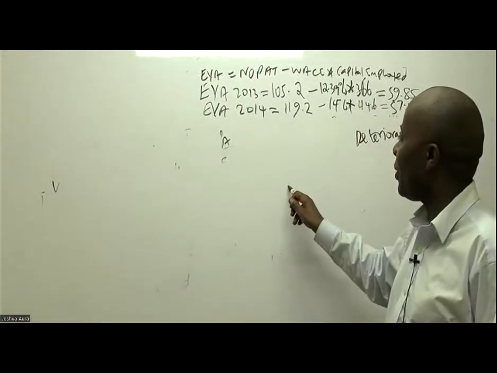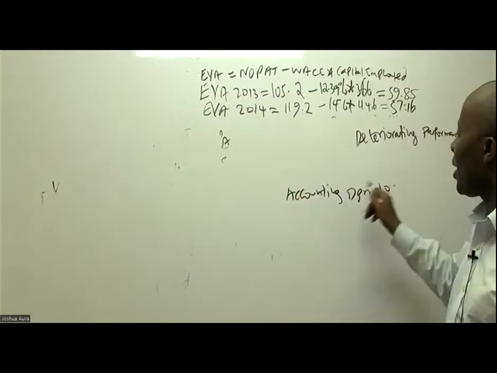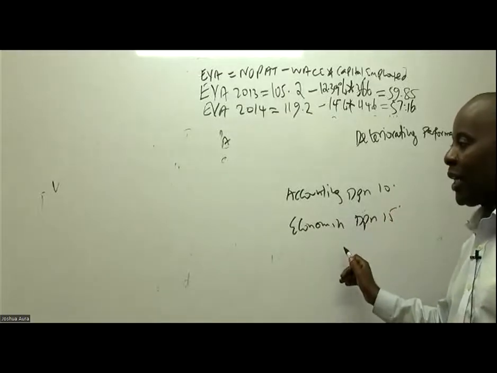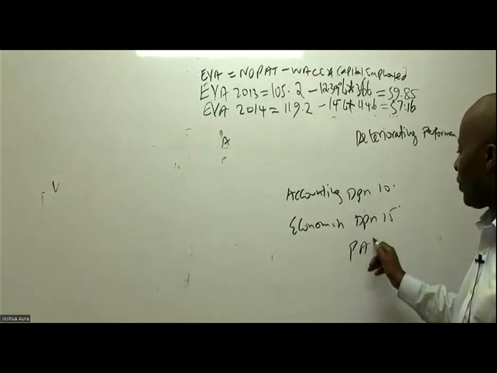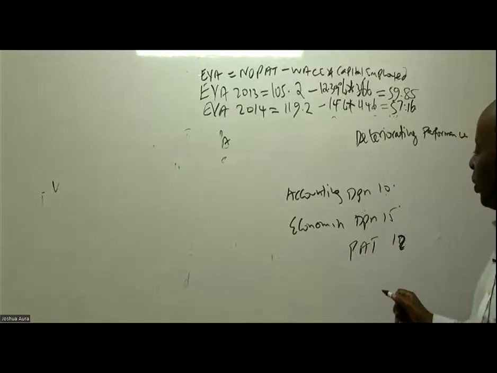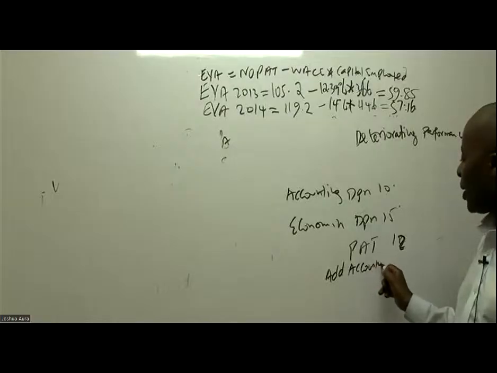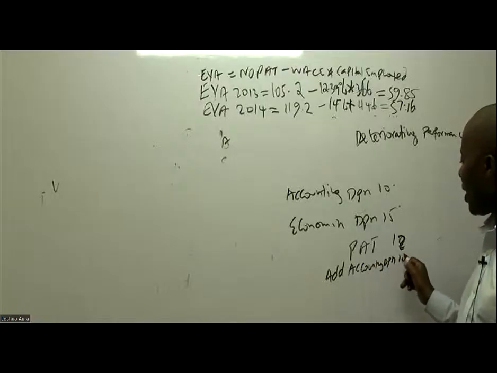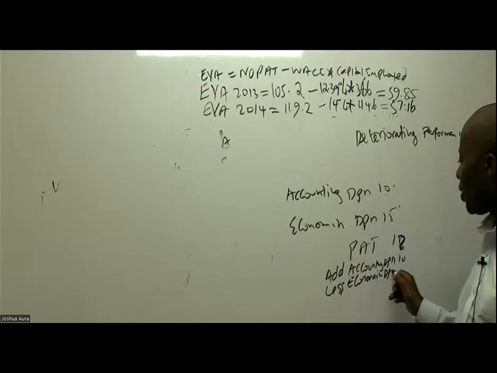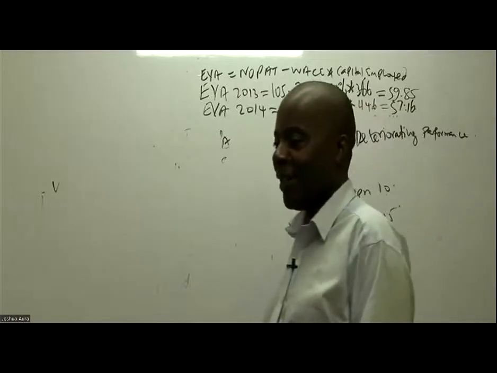If, for example, they told us that accounting or book depreciation is 10, and economic depreciation is 15, then what I would have done, ladies and gentlemen, is take my profit after tax, maybe 12, and add back accounting depreciation, 10, because it's the bad one, and then less economic depreciation, 15.